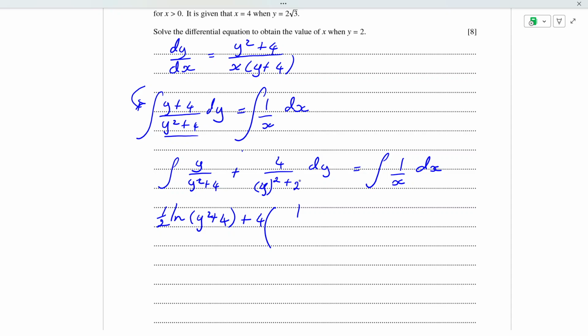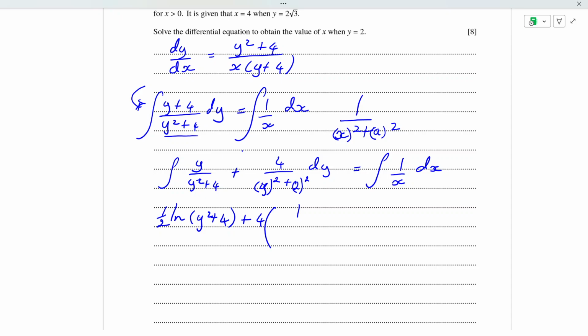You rewrite the 4 as 2 squared, so that it's in the form x squared plus a squared. Now you can clearly see that your a is 2 and your x in this case is y.